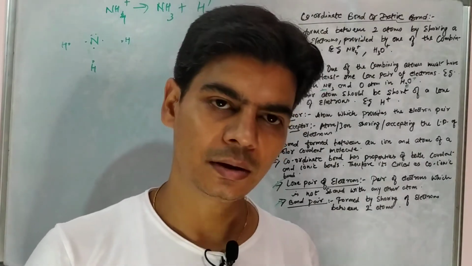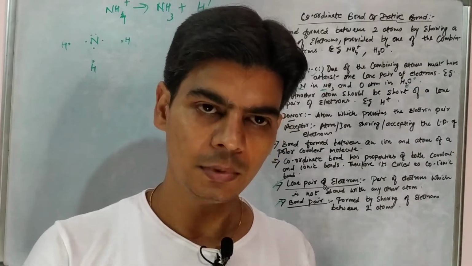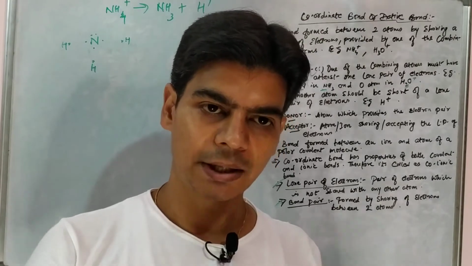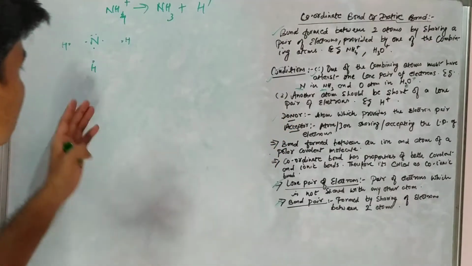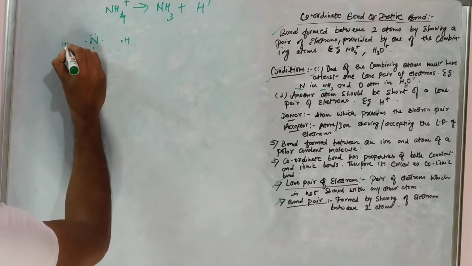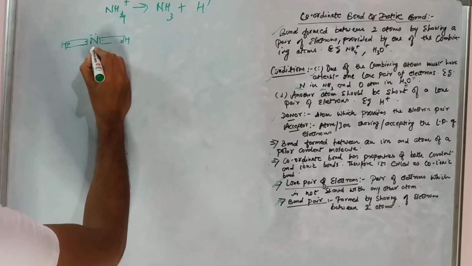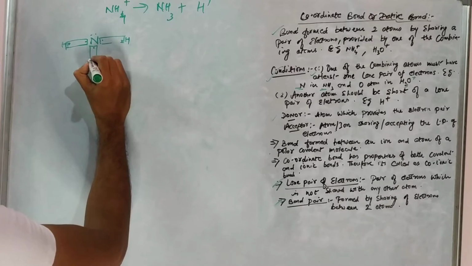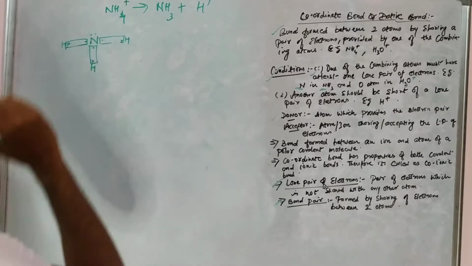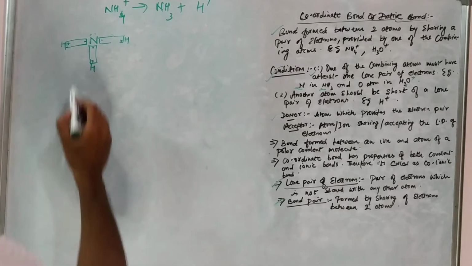So it will share 3 electrons with the 3 combining hydrogen atoms, and these hydrogen atoms will also share electrons with the nitrogen atom by forming 3 bonds. These are 3 shared pairs of electrons.